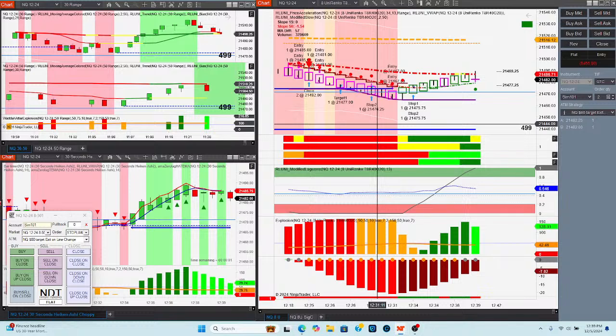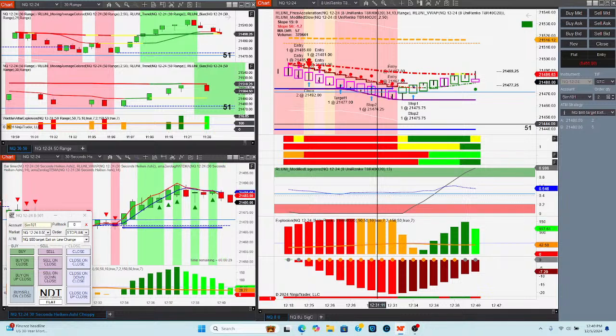I just find it surprising that there's really no movement this last half hour. Maybe it'll be in the last 10 minutes. We'll see. Maybe the last 15 minutes.